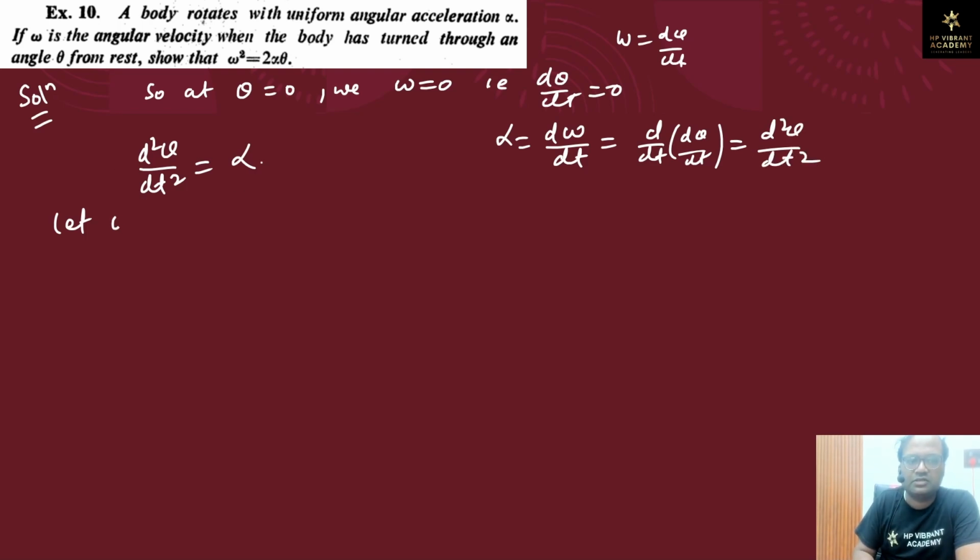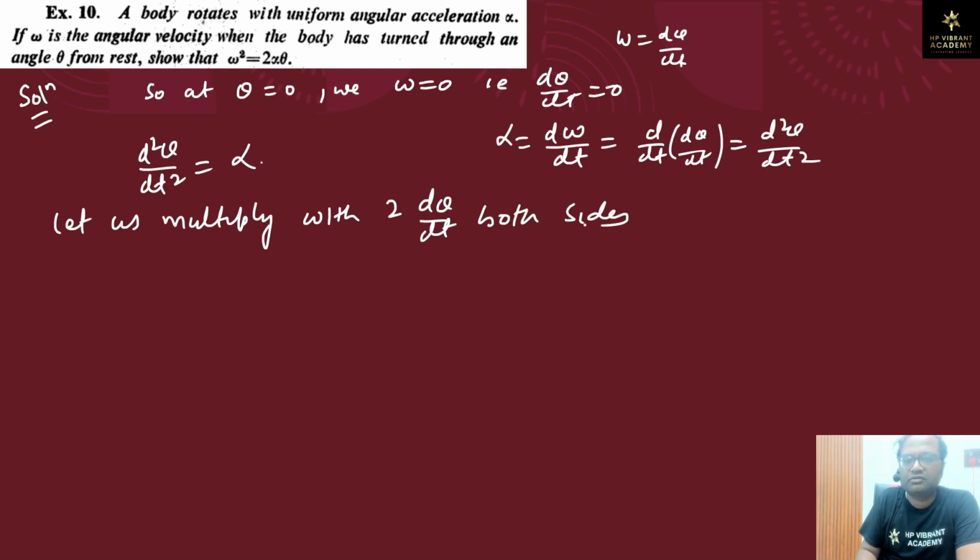Let us multiply with 2 times d theta upon dt on both sides. So 2 d theta upon dt into d2 theta upon dt square is equal to alpha into 2 d theta upon dt.